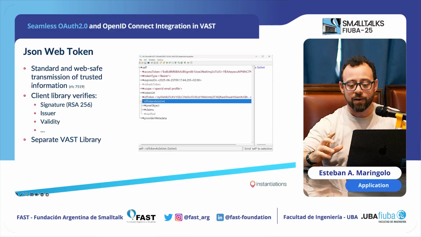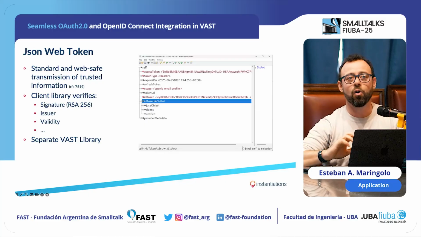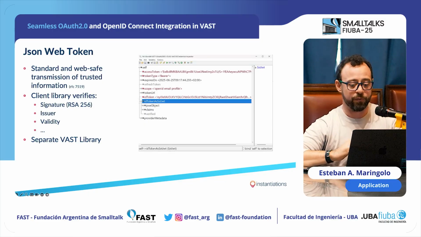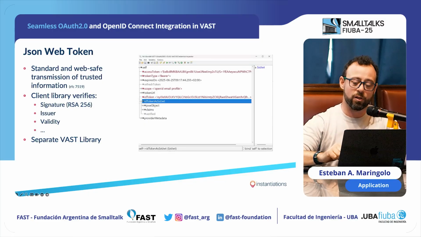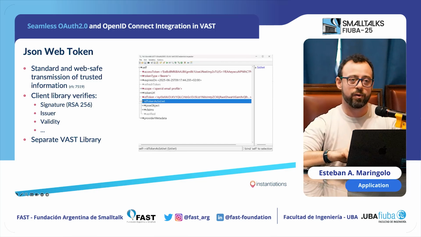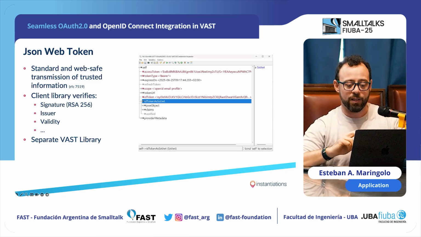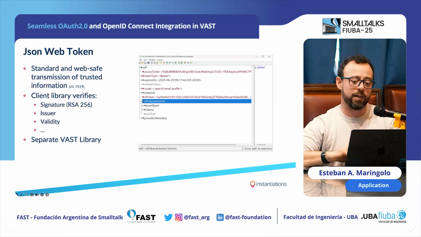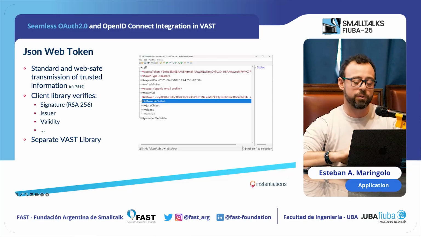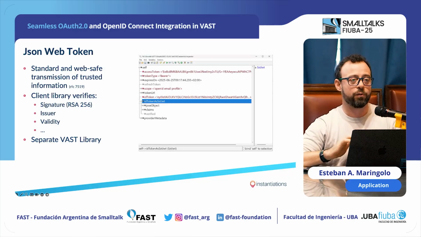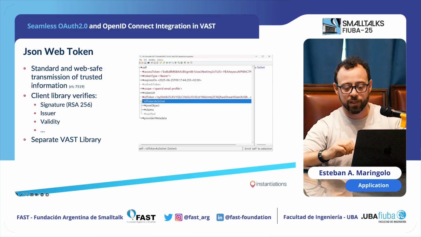Our VAST client library automatically handles all the verification for you. So it checks the token signatures using RSA 256, validates it came from the expected issuer, verifies, of course, it hasn't expired, and performs several other security checks.